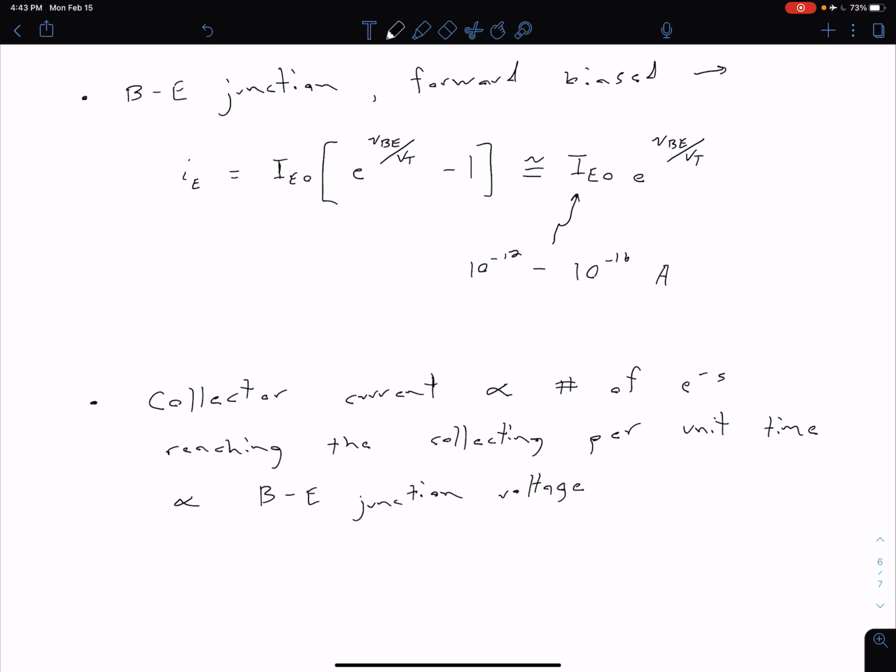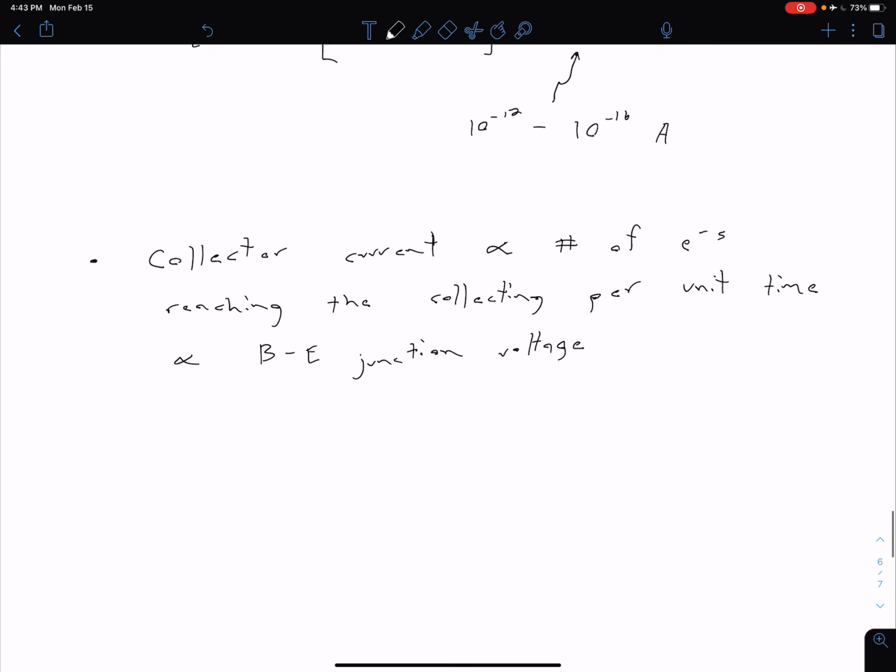On that left side, we were always injecting more electrons. How many electrons we inject is ultimately going to be proportional to how many electrons make it to the other end on the right side, to our collector. And so what we see is that the voltage across our base emitter junction is directly proportional to, or controlling, our collector current.